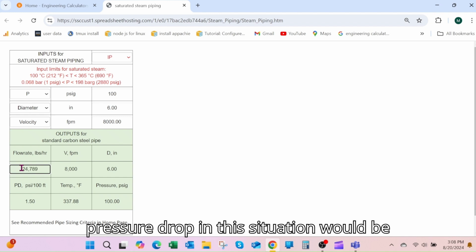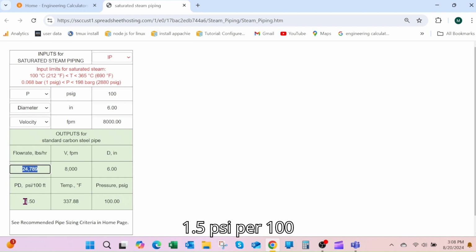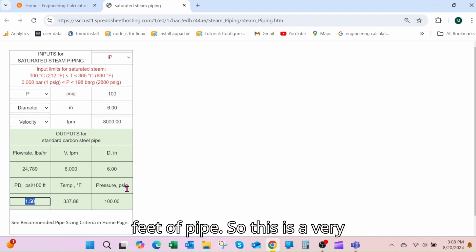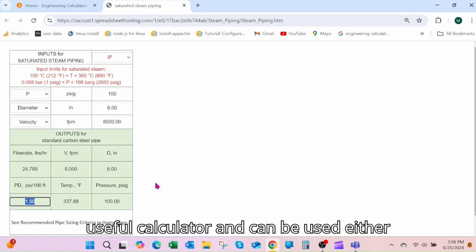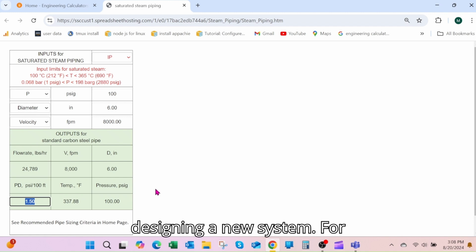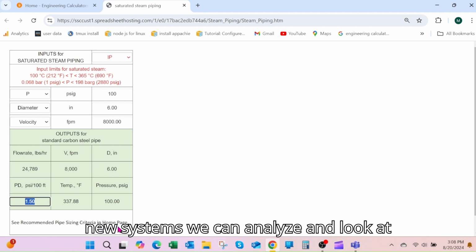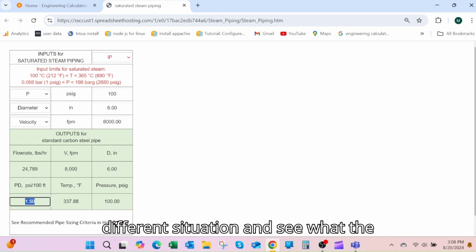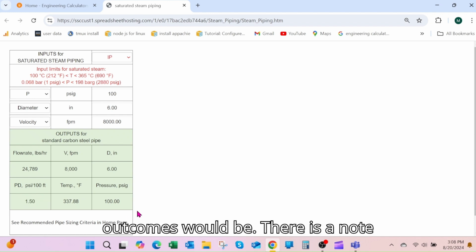The pressure drop in this situation would be 1.5 psi per 100 feet of pipe. So this is a very useful calculator and can be used either for analyzing the existing systems and/or designing a new system. For new systems, we can analyze and look at different situations and see what the outcomes would be.